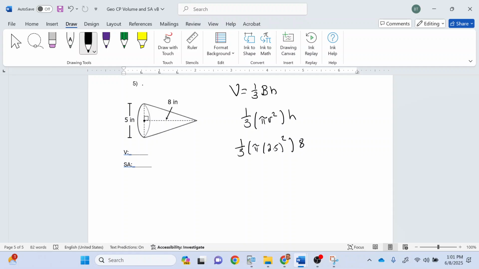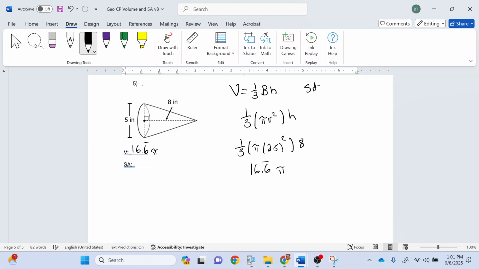So 8 times 2.5 times 2.5 divided by 3 would be 16 and 6 repeating. So 16.6 repeating pi. Okay.